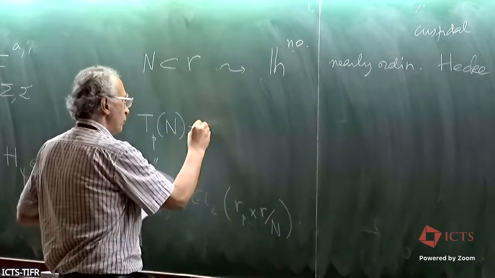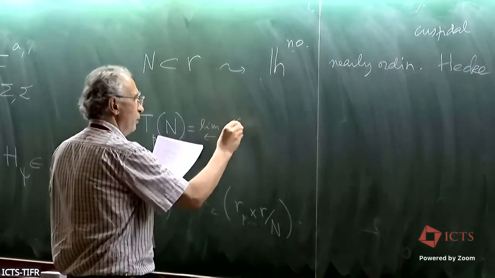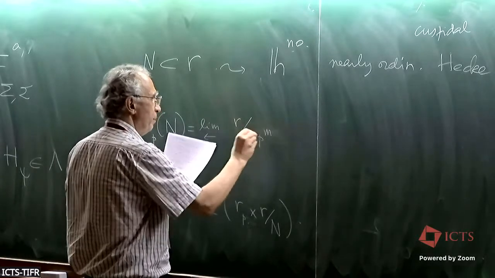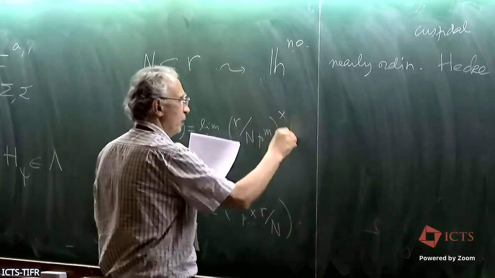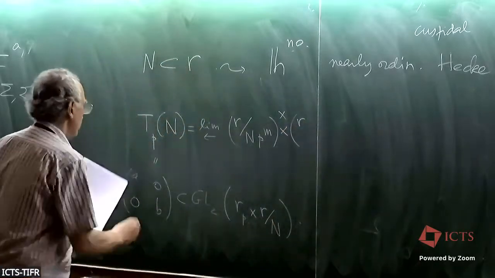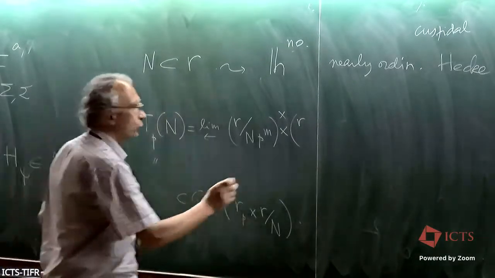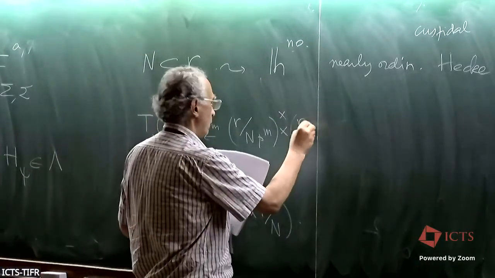If you like, it's the inverse limit of R modulo n p to the m cross two copies. Well, it's a little more complicated. It's this, but modulo something.